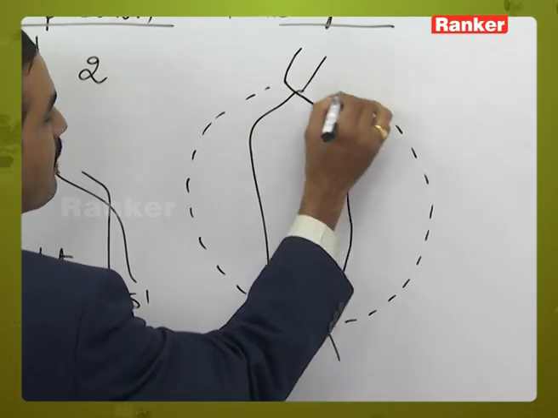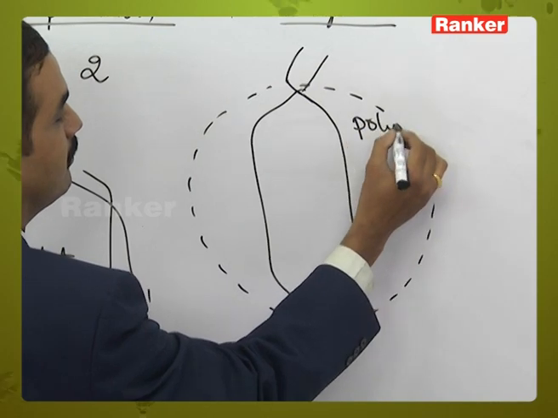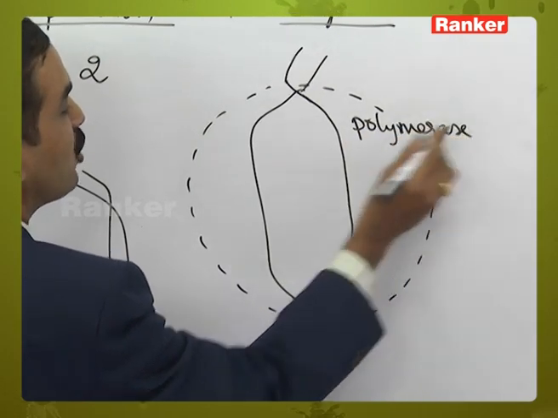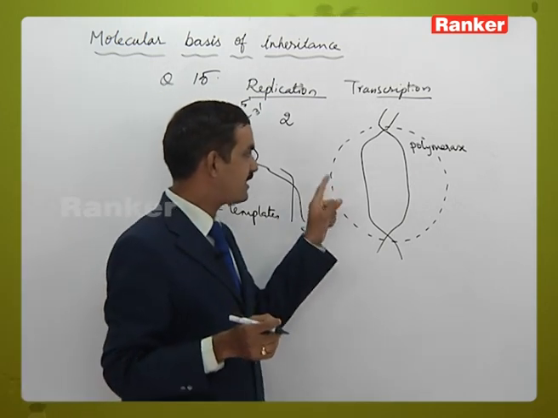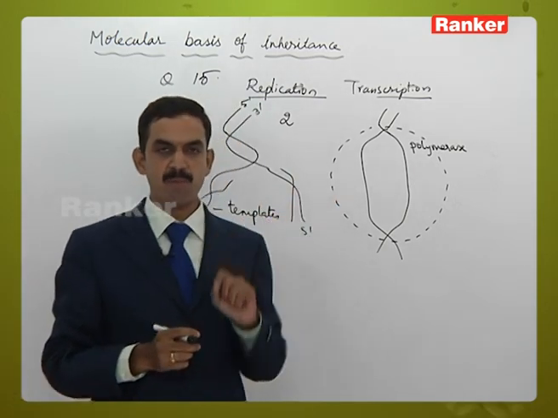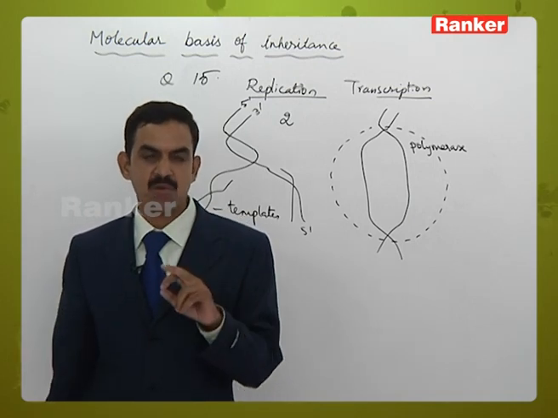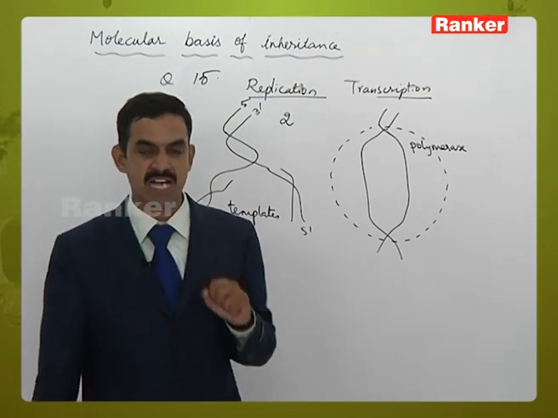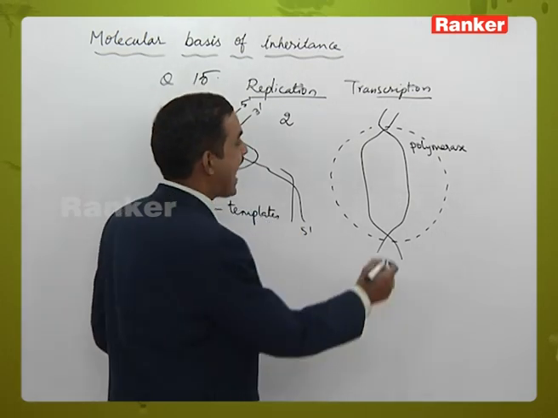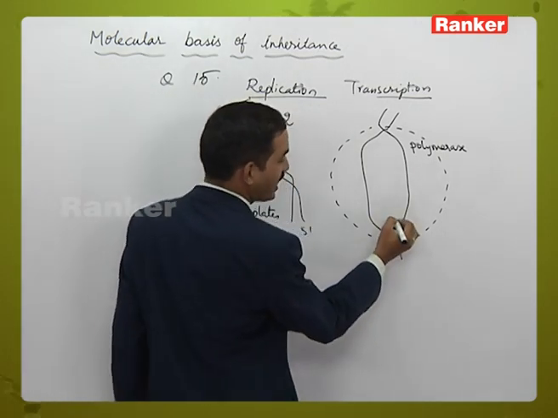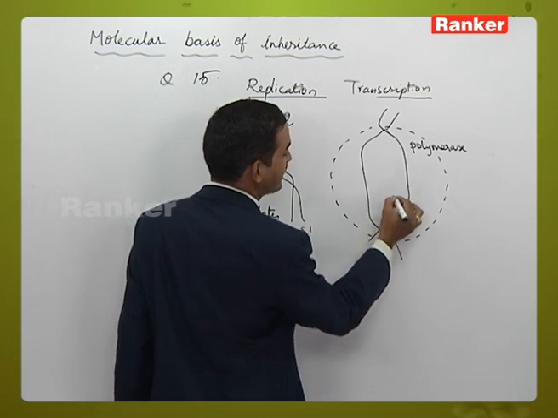This is a DNA polymerase enzyme. And the uncoiling of the 2 strands is a temporary process. Out of that, one is helping in the formation of mRNA. So out of the 2, we can say one is a sense strand, one is an anti-sense strand. The DNA which is helping in the formation of mRNA is called as an anti-sense strand. So based on that one, the mRNA synthesis will be taking place.